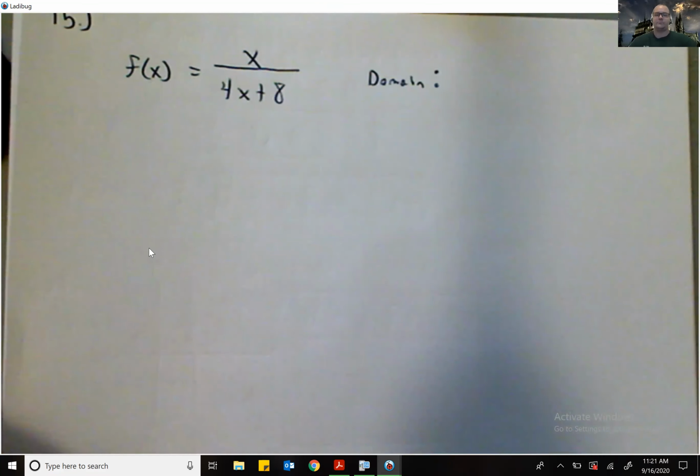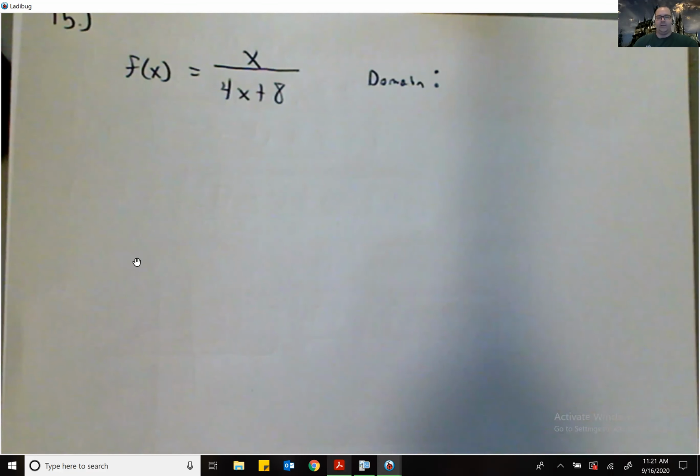So when I look at this, does this look like a rational? Does it look like a fraction? Yes. This is what we call a rational function, which we will explore in much more detail later on. So that means our domain is not all reals.